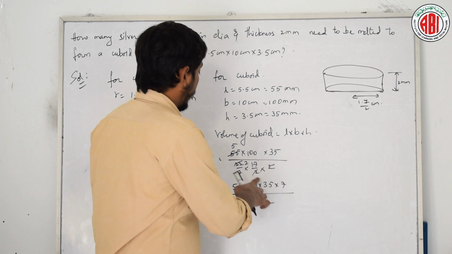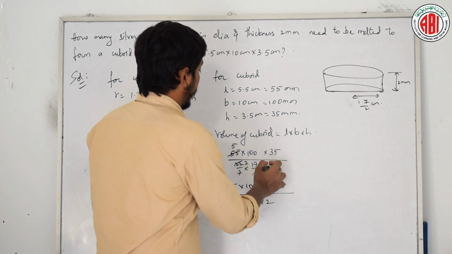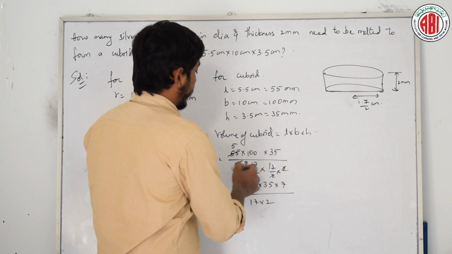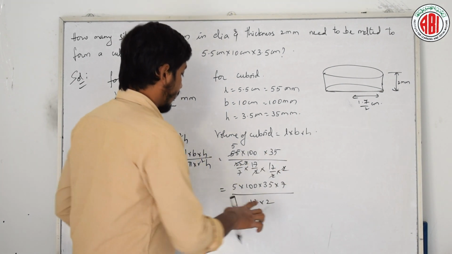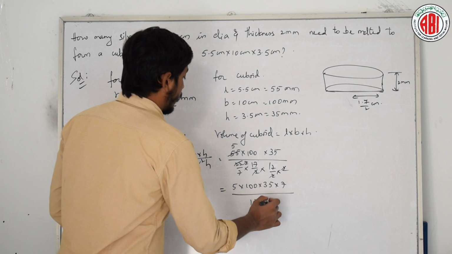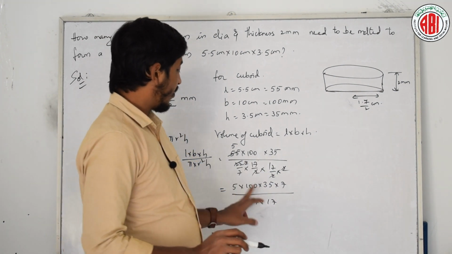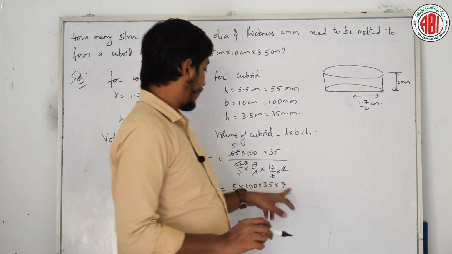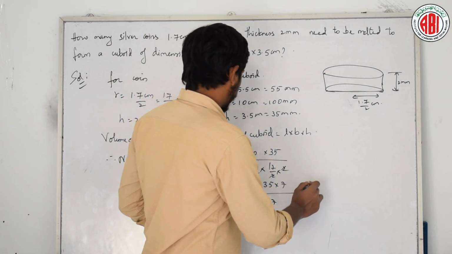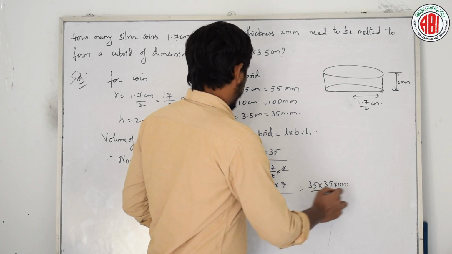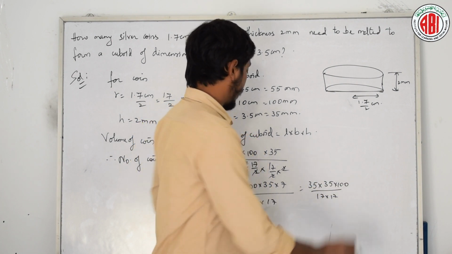Here it is 17 square, right? This will become 17 by 2 into 2. 2 2s will get cancelled, 1 more 2 also will get cancelled. What is left here? 17 into 17. Now tell me what do we get? Can we cancel something? That is 35 into 35 into 100 by 17 into 17.